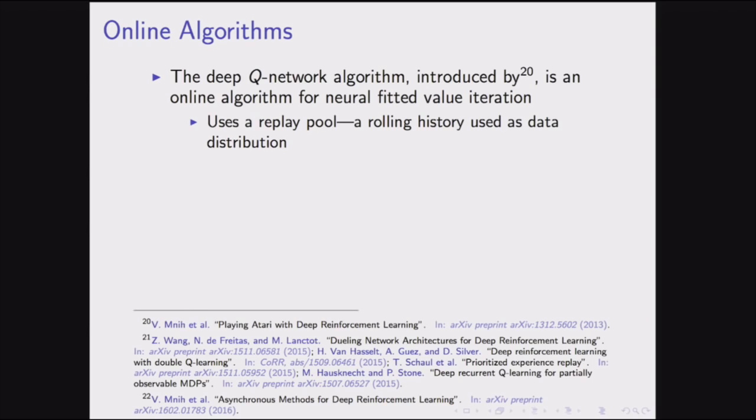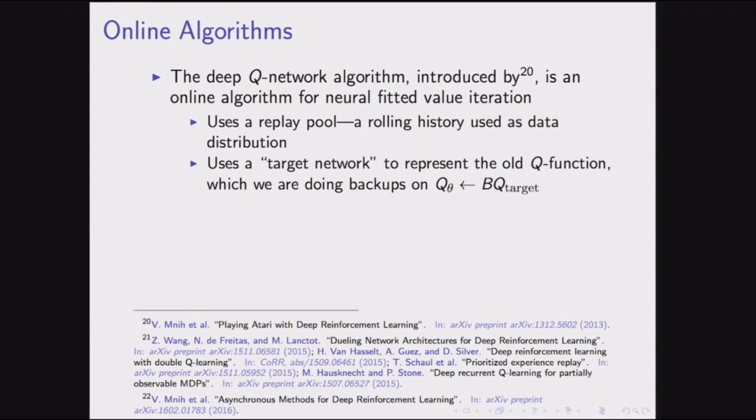But when you look at the two tricks, they make a lot of sense if you think about what value iteration is doing. One technique is you use this replay pool, a rolling history of your past data, which is the data you're going to use to fit your Q function. That makes sure you have a representative sample of data to fit your Q function to.